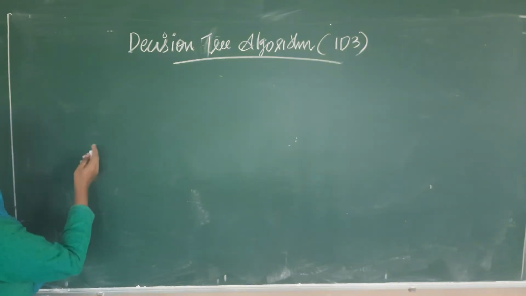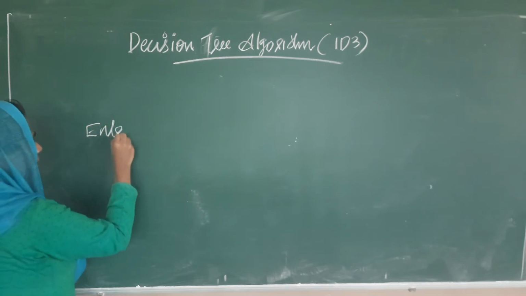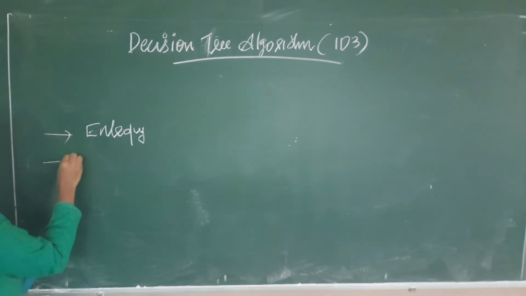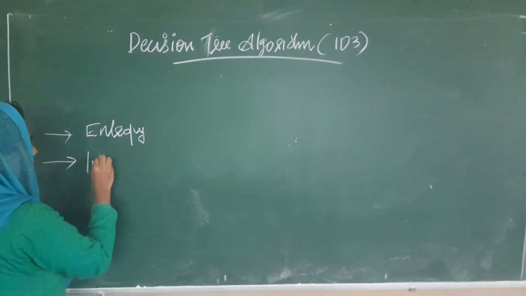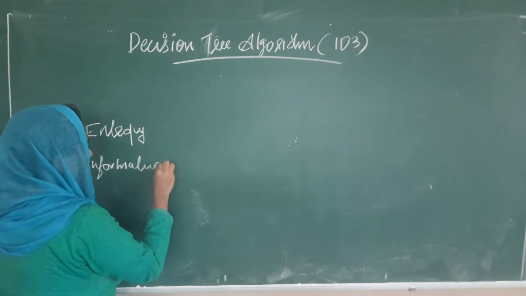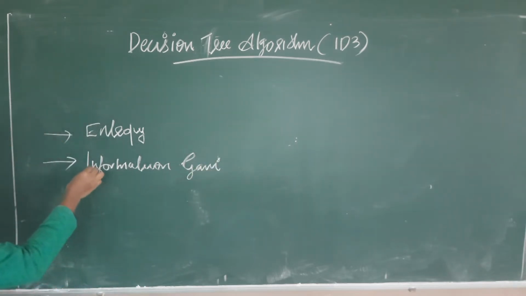One is the entropy of the particular attribute, and the second thing which governs this decision is information gain. Okay, information gain.